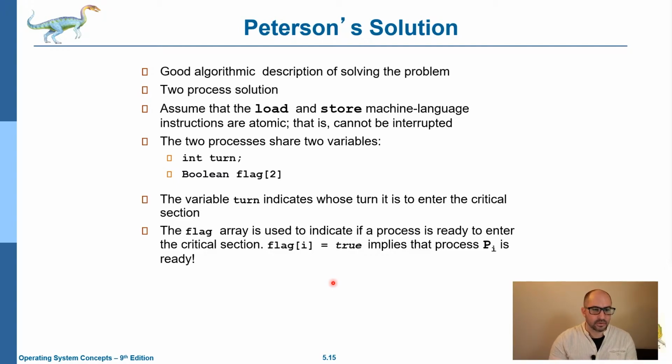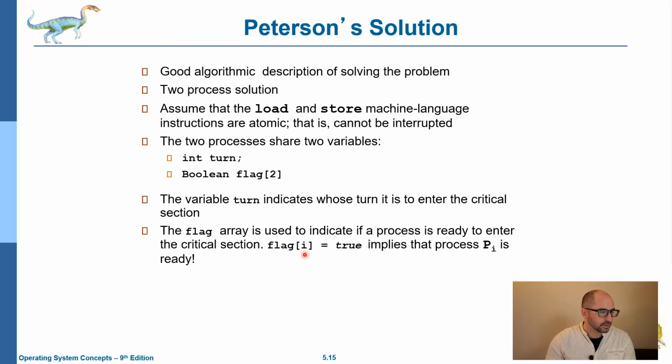Our example will use two variables, the variable turn, and then two flags that are true or false. And turn indicates which process is being granted entrance into the critical section, and then the flag is the process's interest in entering its critical section.